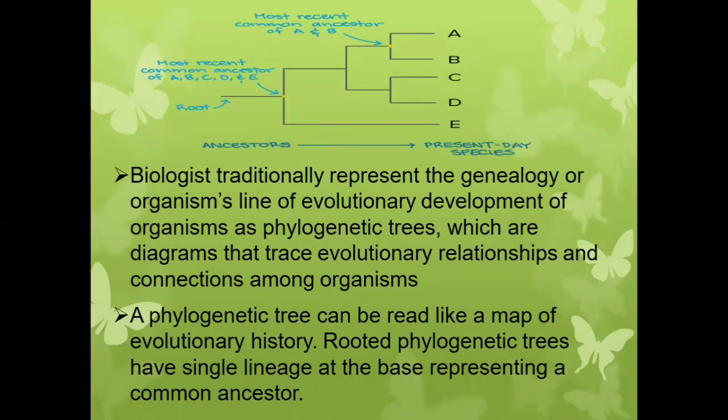So most of the biologists, meron po silang tradition representing the genealogy or organisms' line of evolutionary development of organisms. So ginagamitan po nila yan ng phylogenetic trees. Ito pong phylogenetic trees is a diagram na mag-trace back ng evolutionary relationships and connections of every organisms.